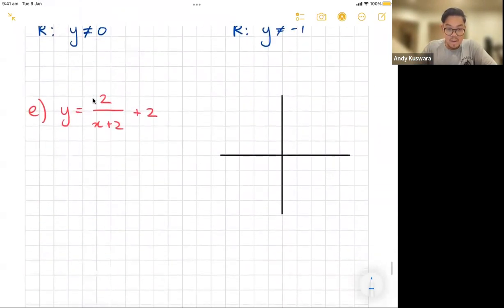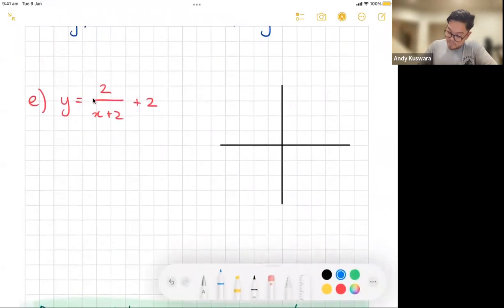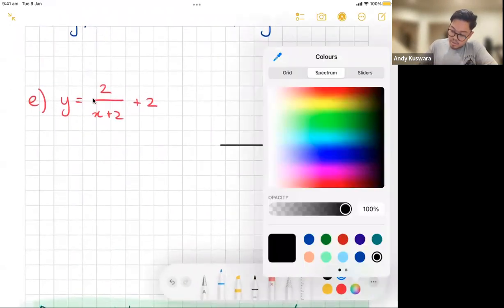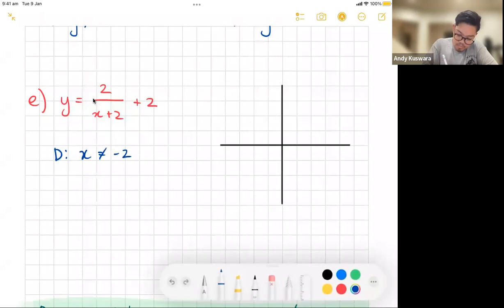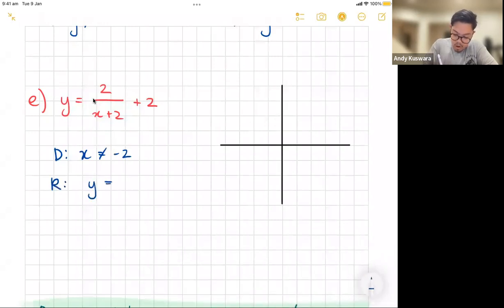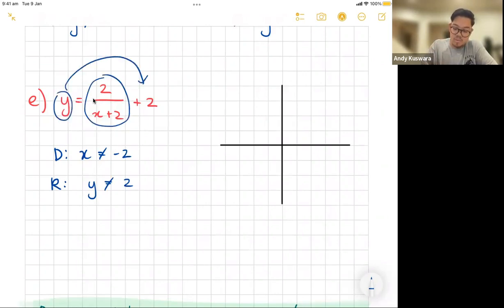Okay, looks like I've got one more here. And this is just to show you that these don't take too long. Domain here, looking at my denominator, x cannot equal -2. And looking at this for my range, I can see here that y cannot equal +2 because this fraction will never equal 0. Therefore, y will never equal 2.